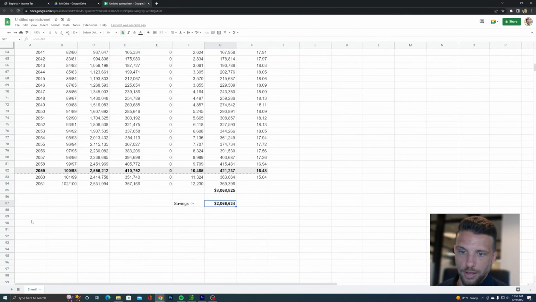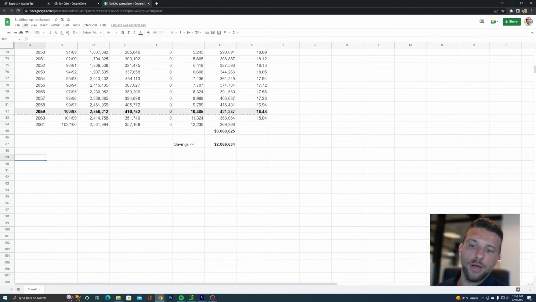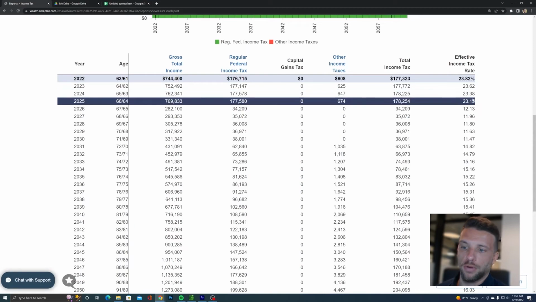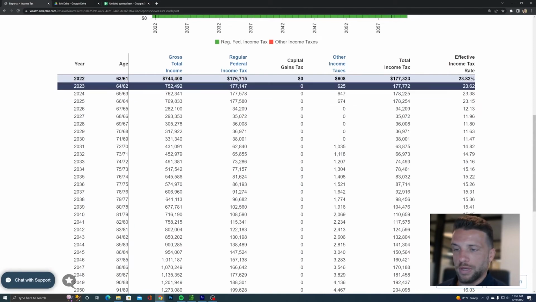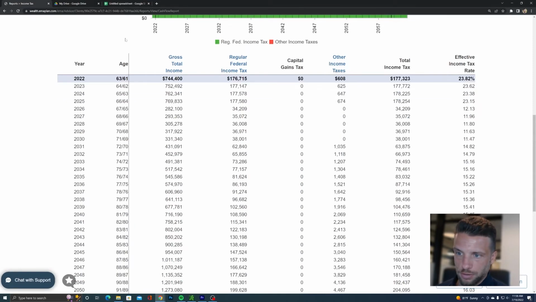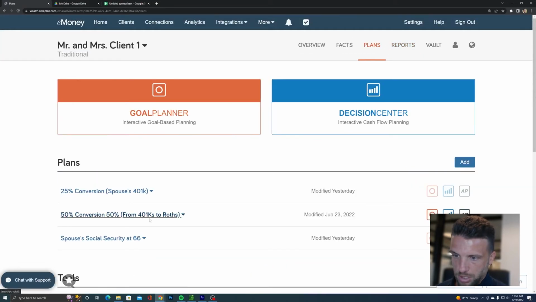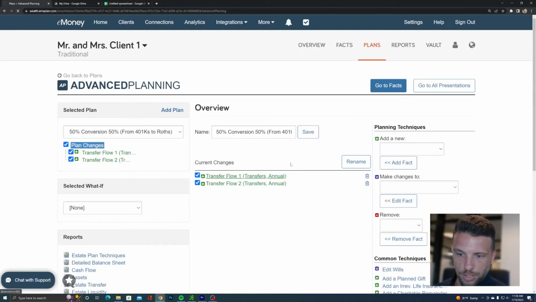So obviously the amount of tax we're paying those first 4 years is much higher because we're converting, I believe, $500,000 per year. So let's go back here. And if we go to plans and into this one, 50%, we've got two transfers.